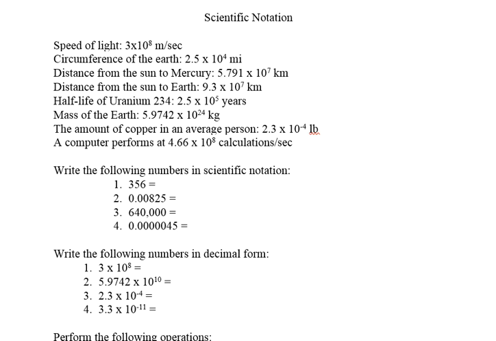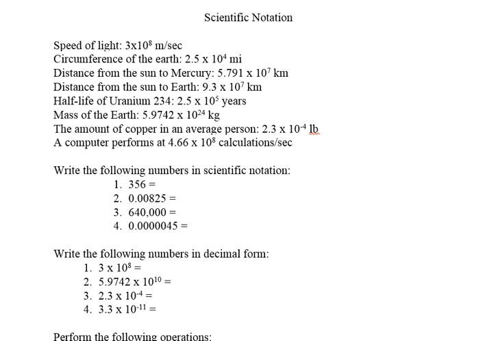So to move to scientific notation, it has to have a number that is between 1 and 10 in front of the decimal, and everything else behind that is how many you moved. So this first number, 356, when I think about this, I think about, is the number bigger than 0 or less than 0? 356 is larger than 0, which means it has a positive exponent.